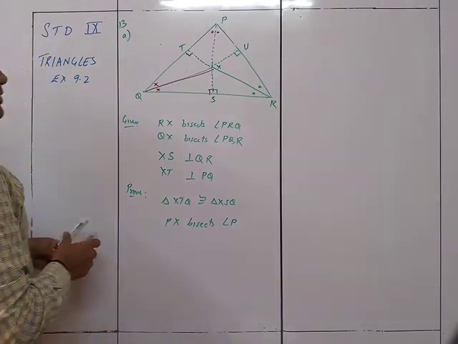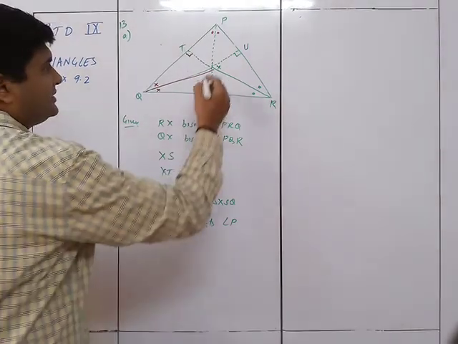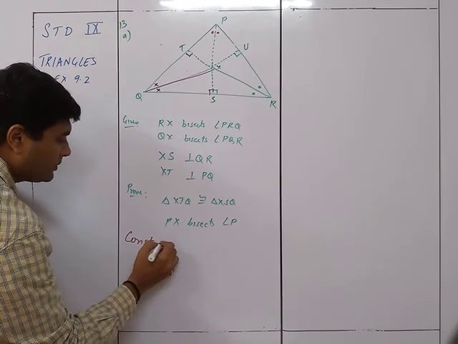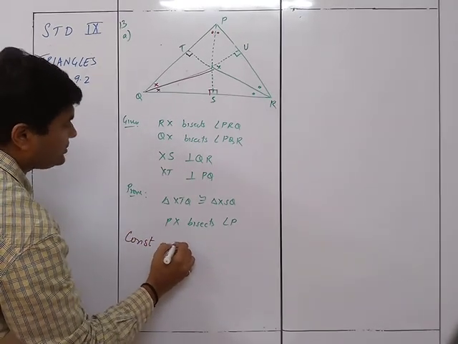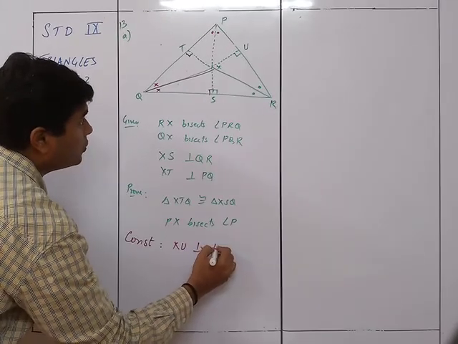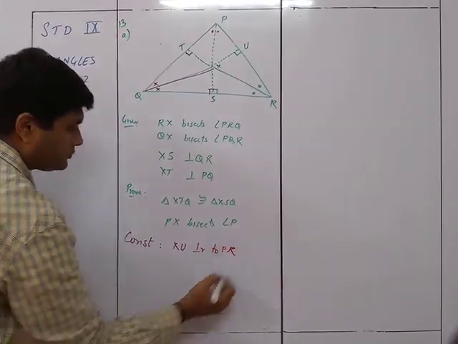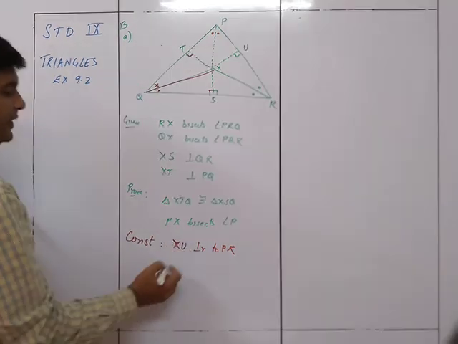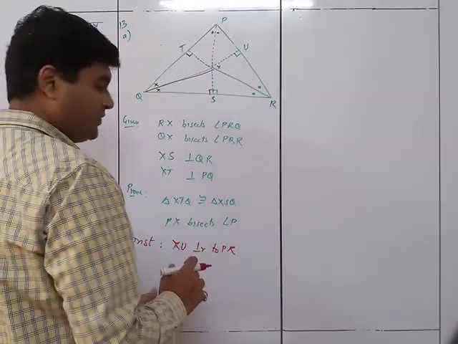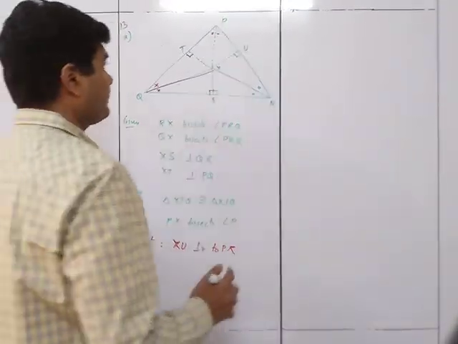But we will need one more line here, XU, so we'll write construction: XU perpendicular to PR. This is what we will require for the later part, that's why we need to write a construction.